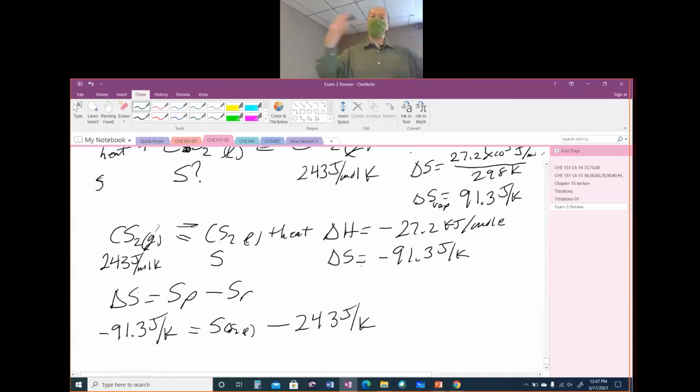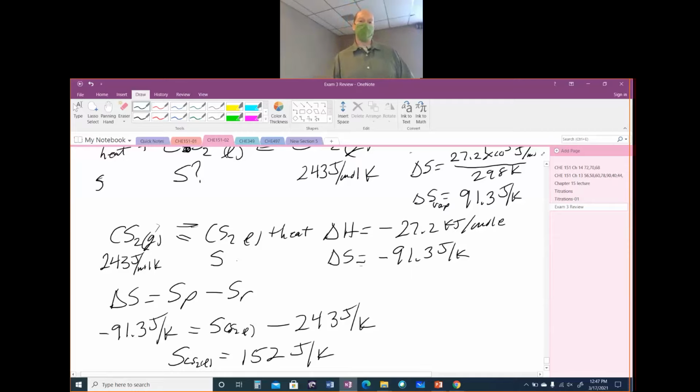So the CS2 liquid is going to be less than 243. The gas has more disorder, larger S, than a liquid is going to have. So in order to get rid of the negative 243, you add 243 to both sides. And when you do that, you get an S value for your CS2 liquid equal to 152 joules per Kelvin.